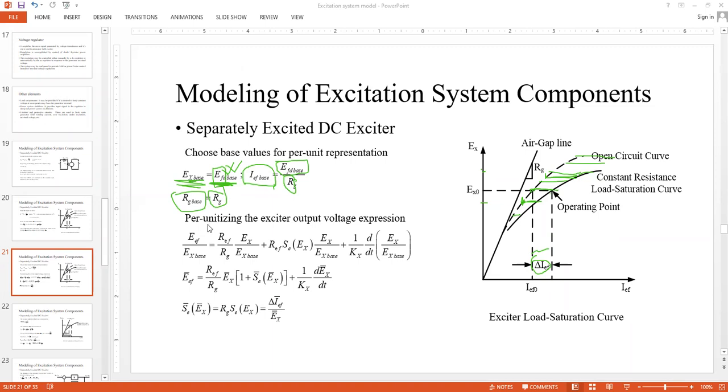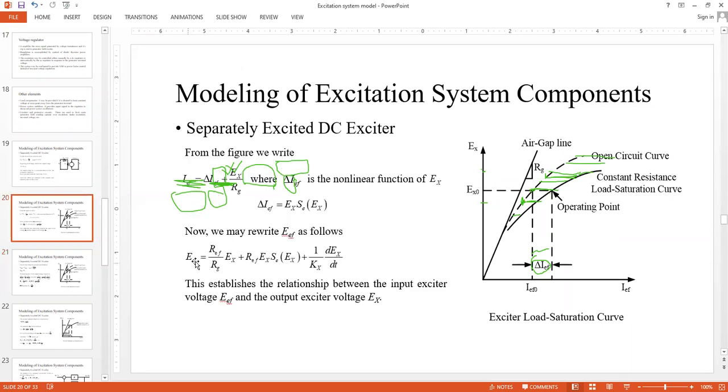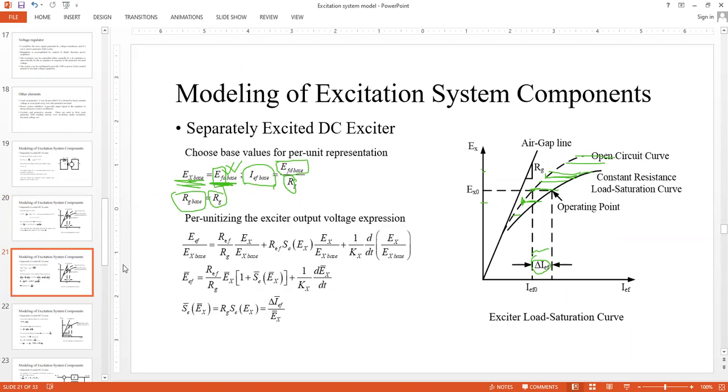Then for per unitizing the exciter output voltage expression, we already have an expression for EEF, so simply you divide the whole thing by the corresponding bases. Once we do that and some simplification, we get the representation of EEF now with an overbar. This overbar means these quantities are now in per unit.